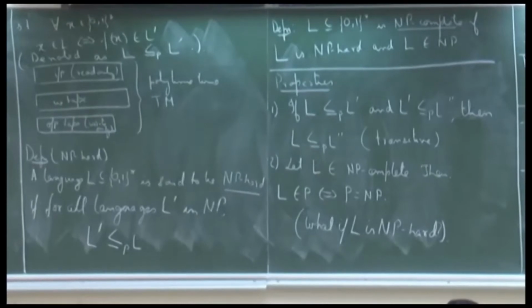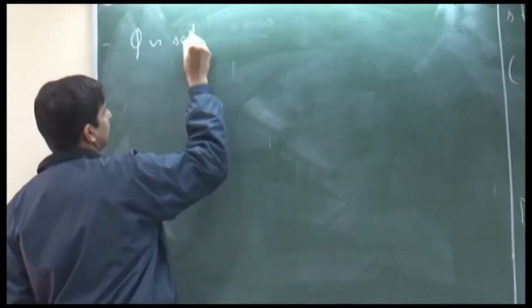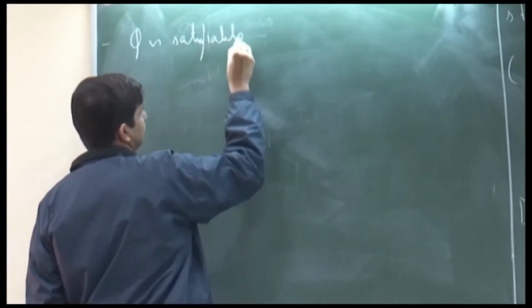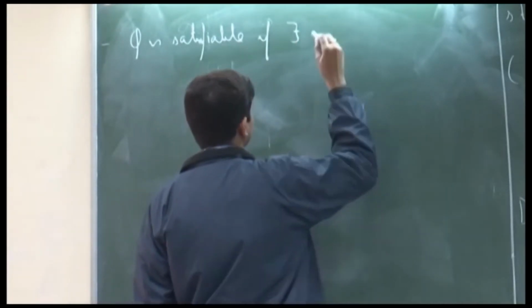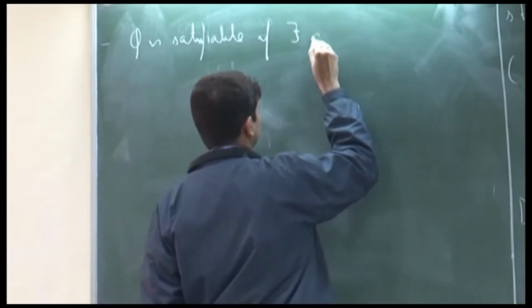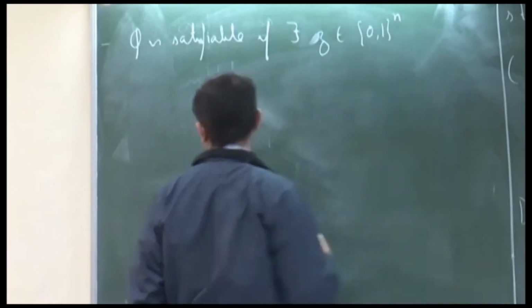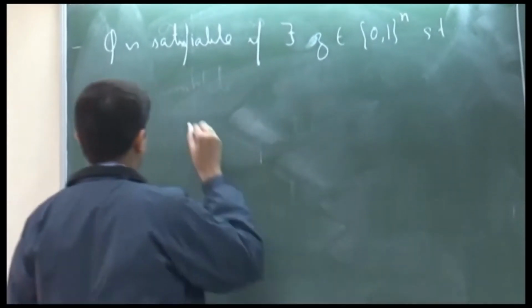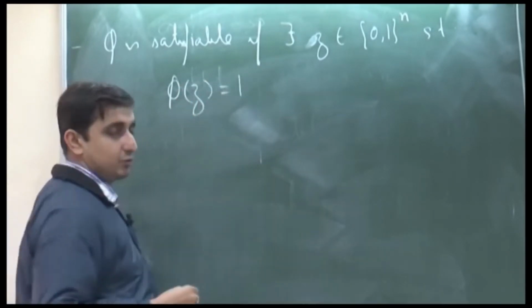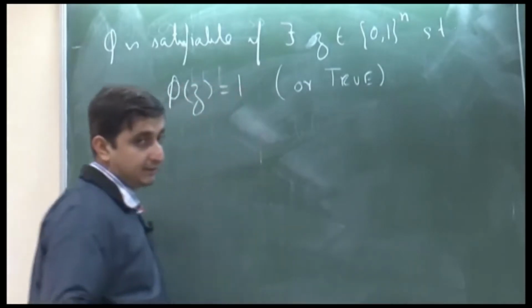So, when do we say that a formula is satisfiable? We say that a Boolean formula phi is satisfiable if there exists some string, let us say we are looking at Boolean formulas over n variables, if there exists a string z such that phi of z evaluates to 1, or sometimes we will refer to this as evaluating to true, they mean the same thing.